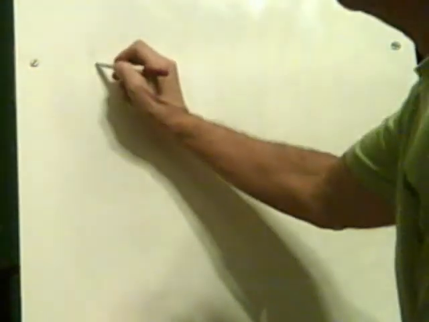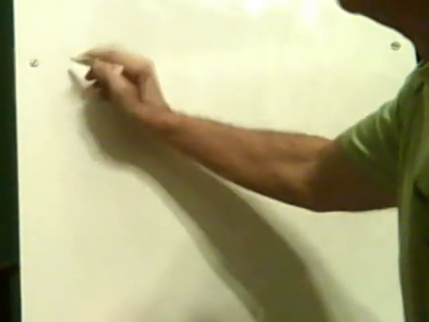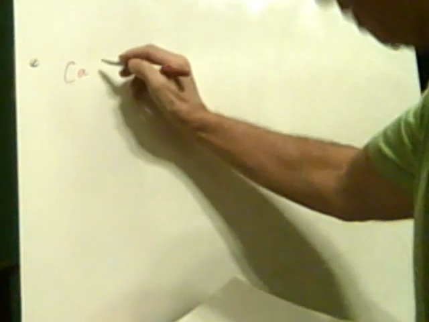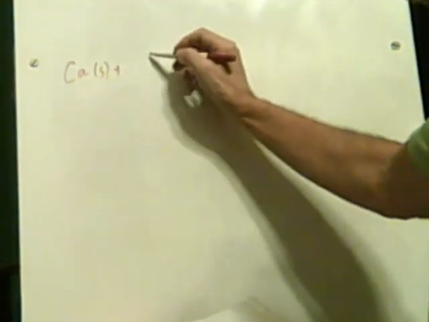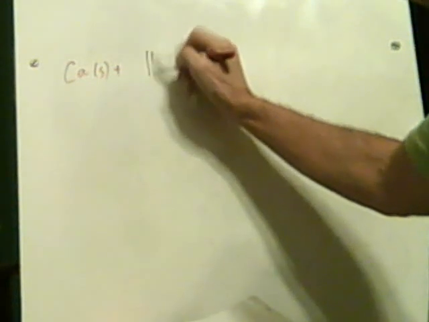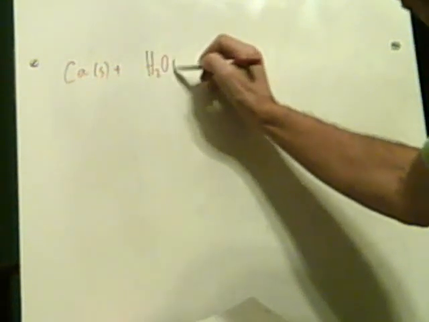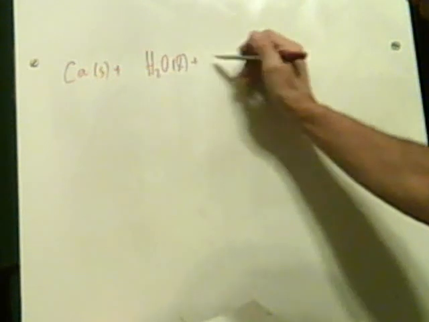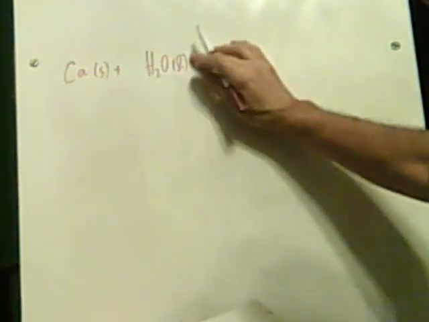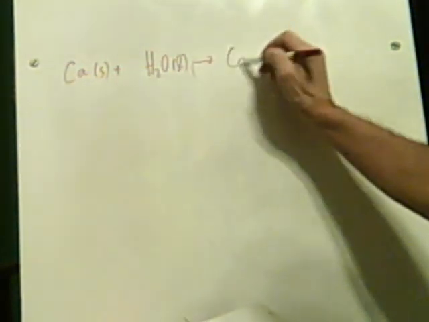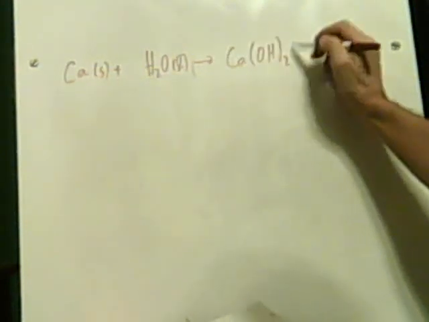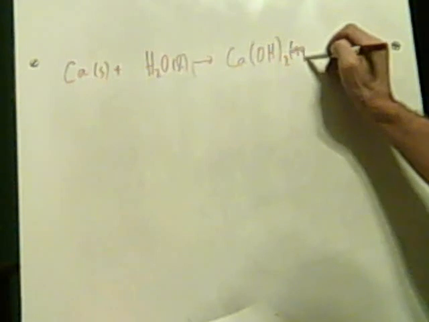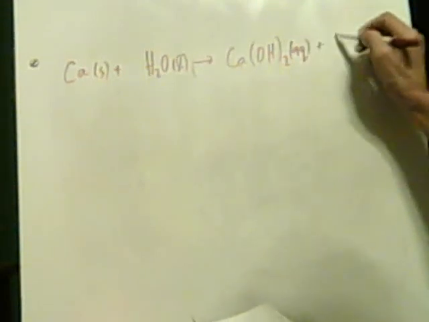Okay, now the last one, calcium as a solid. Now in this case, we add calcium to water, liquid. This produces calcium hydroxide 2, which is a solution, plus a hydrogen gas.